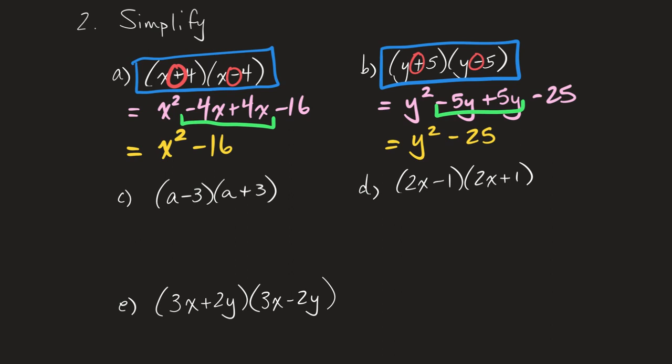Okay, I want everybody to take a look at C, the expression in C. If I just focus in on the pattern, I have the same brackets multiplied together, except it's different signs in between. Well, what's the outcome when we expand?